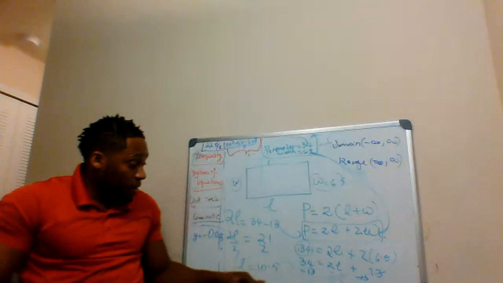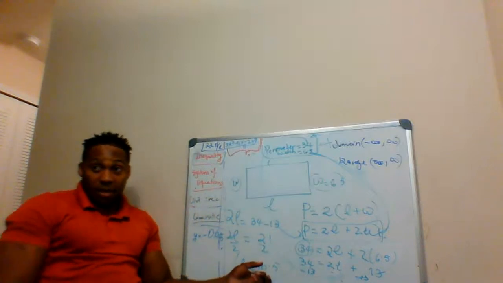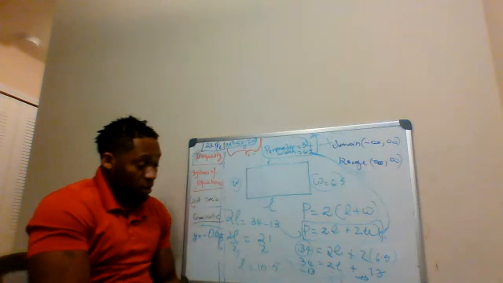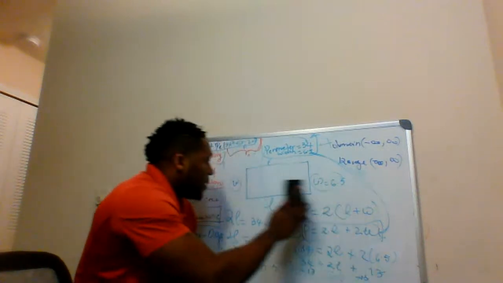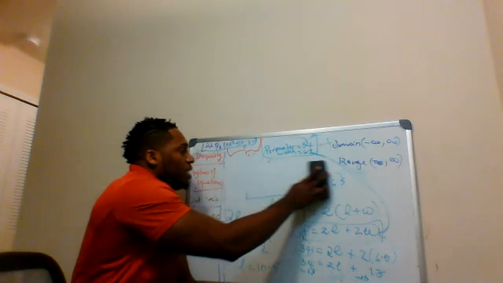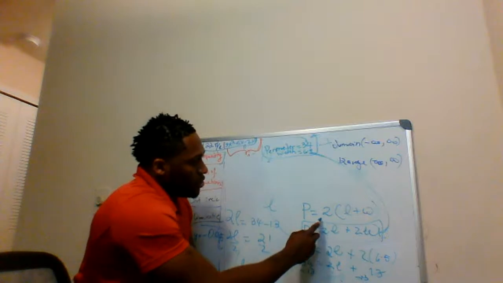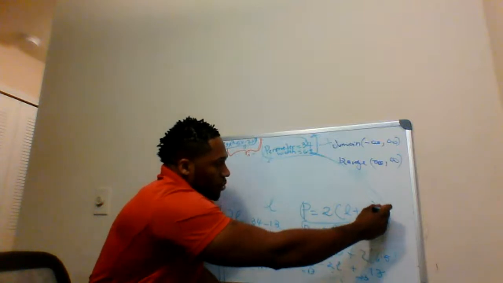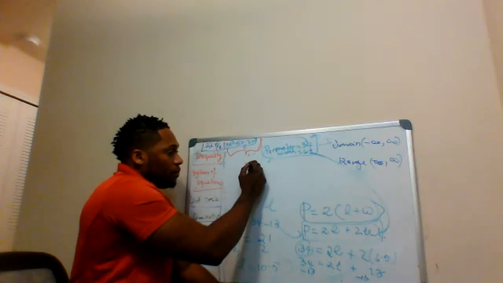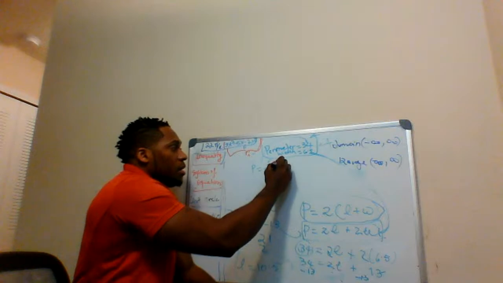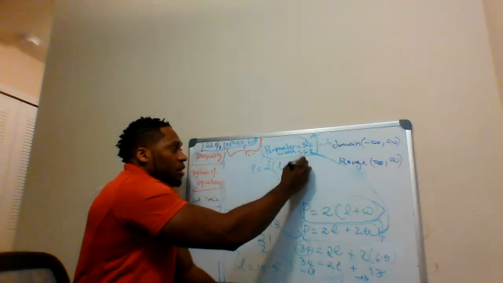Now, they could ask you to solve for L. You can solve for L that way. The other way you can do it is to not use numbers until you're done. So perimeter is 2 times the length plus 2 times the width. P is equal to 2 times length plus width.